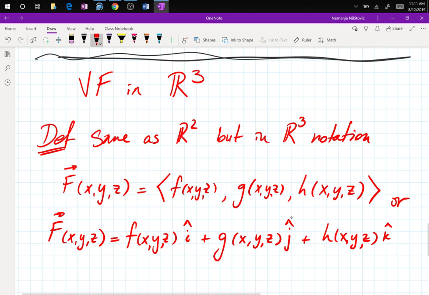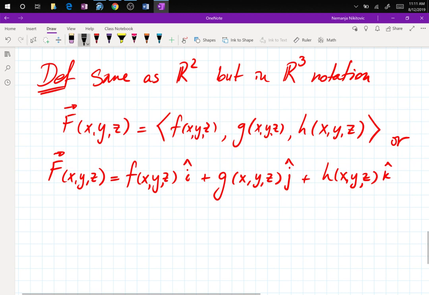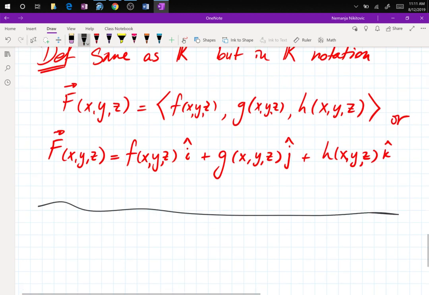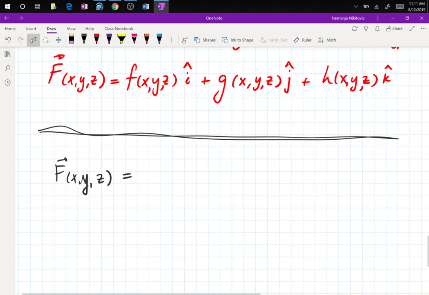Examples are calculated exactly the same way. So if you have a vector field F(x, y, z) given as, let's say, xy, 1 minus y, and x z squared, let's say.